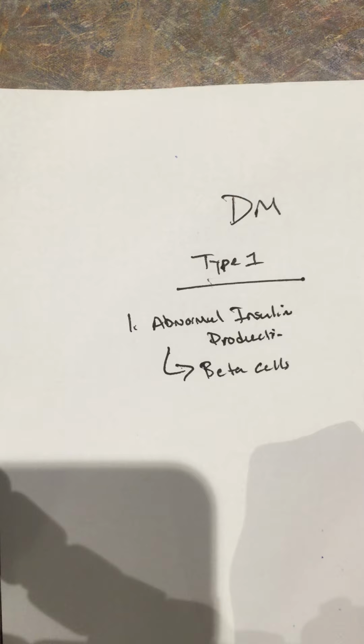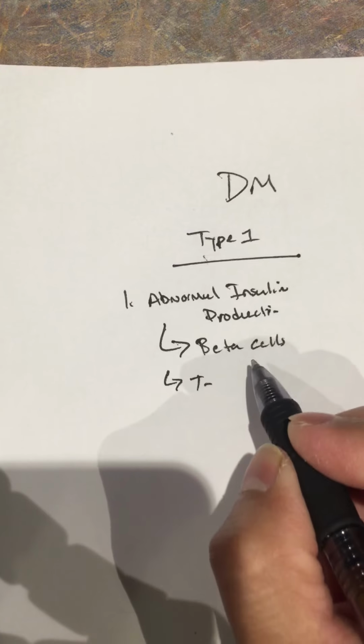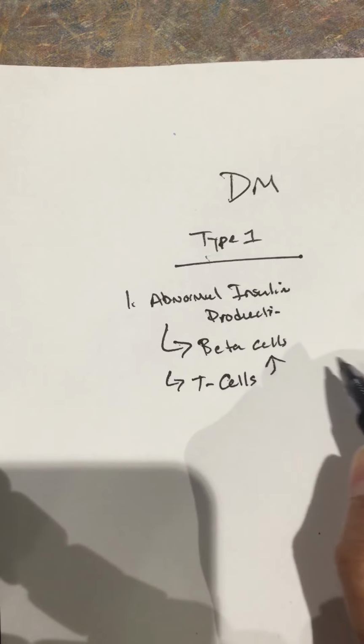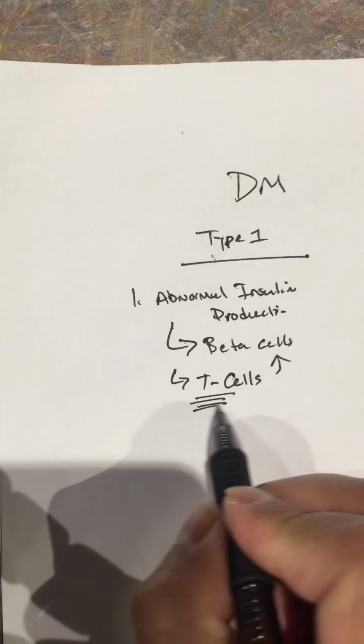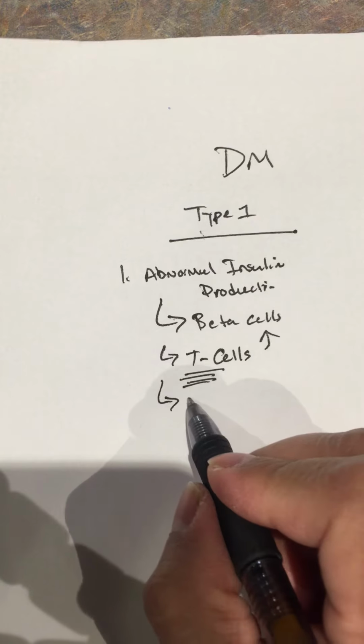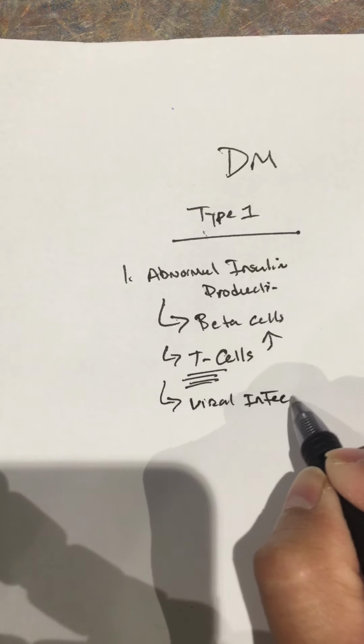This is due to your T cells destroying your beta cells. So your immune system will attack your beta cells, and typically this is a result of some type of viral infection.